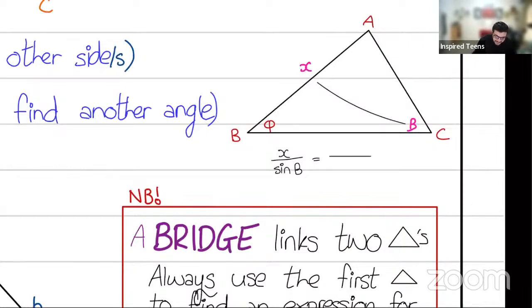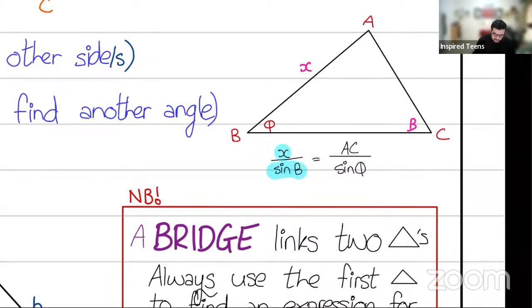Because I have theta, I have to work with the side opposite theta, and that is AC. And of course, the angle opposite AC is sine theta. I only chose AC because I knew theta, and I wanted to work with the side opposite to theta.